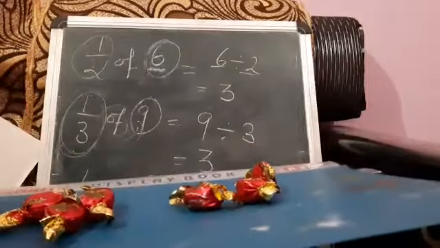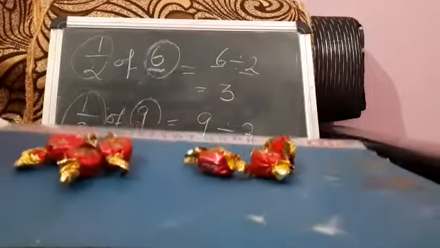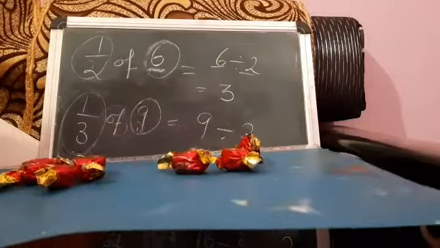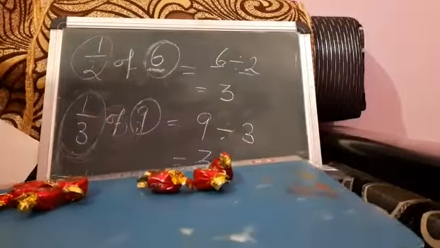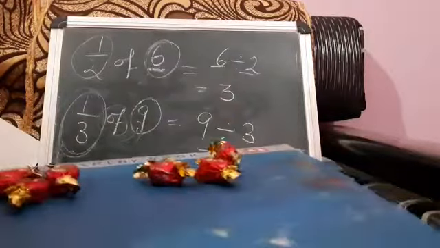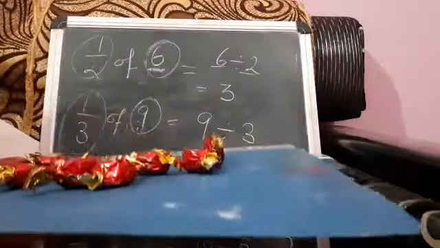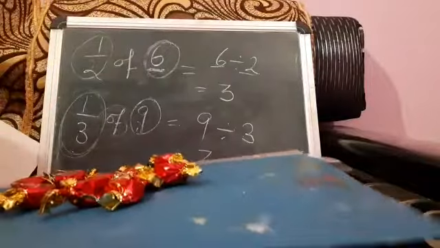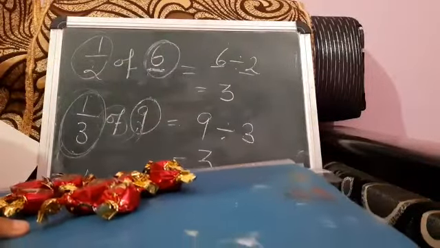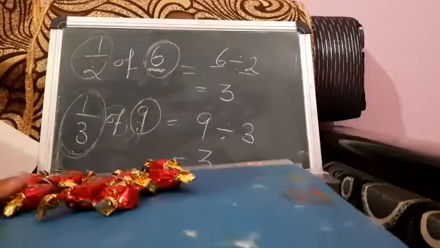Okay. Similarly, if I want to divide these candies into 3 parts, so in the second part we find 1/3 of 9 candies. Okay, so now I am taking 9 candies. ठीक है, मेरे पास यहाँ 9 candies है total, and I want to find out 1/3 of 9. 1/3 means 3. So I want to divide 9 by 3.